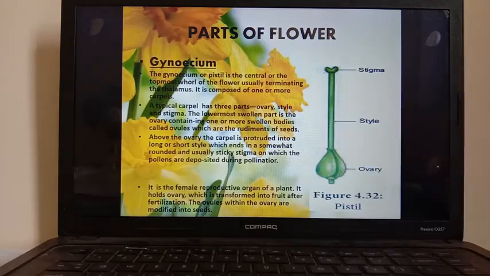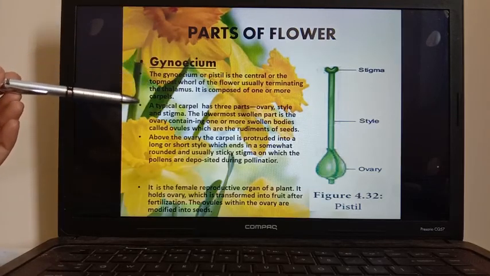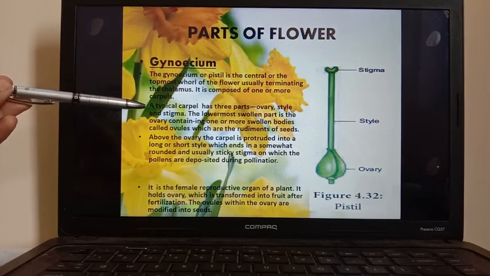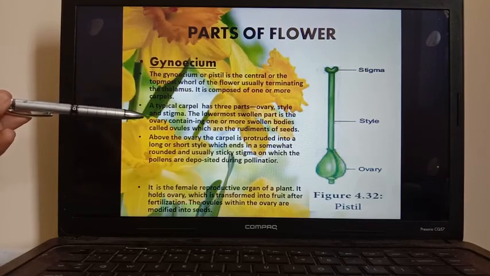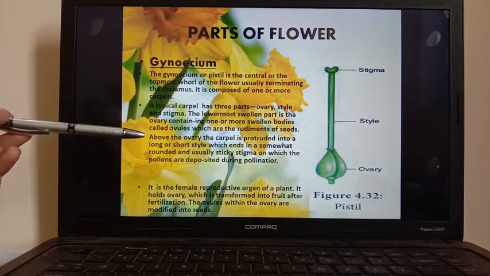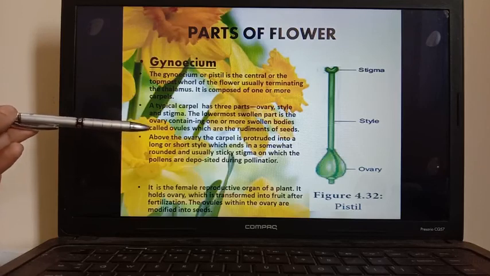After the fertilization, the ovule and ovary form seeds and fruits. So the typical carpel has three parts: ovary, style and stigma. The lowermost swollen part is the ovary, which contains the small bodies called ovules, which actually form seeds after fertilization.